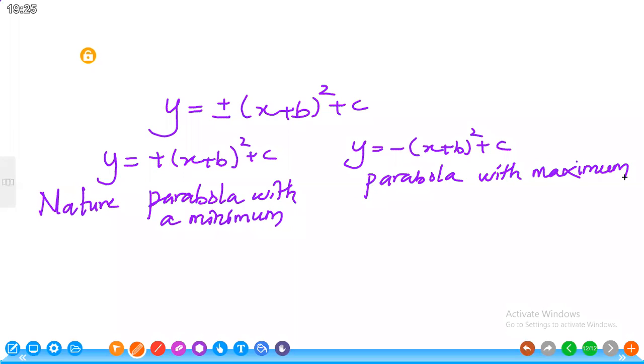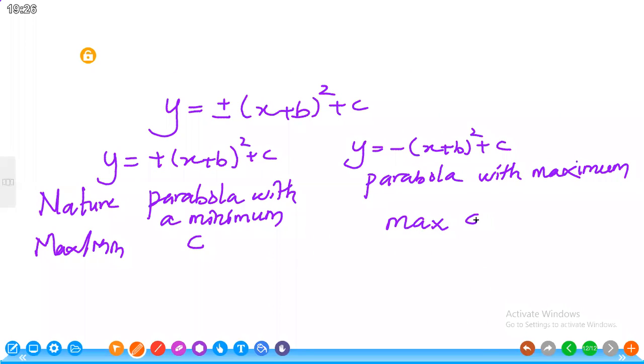When we consider the nature of the graph, here the coefficient of x squared is positive, so the graph will be like that, a parabola with a minimum. Here the graph will be like that, a parabola with a maximum, because the coefficient of x squared is negative. When we consider the maximum and minimum values in this graph, the minimum value is given by c, because the coefficient of x squared is positive. Here also the maximum value is given by c, right?